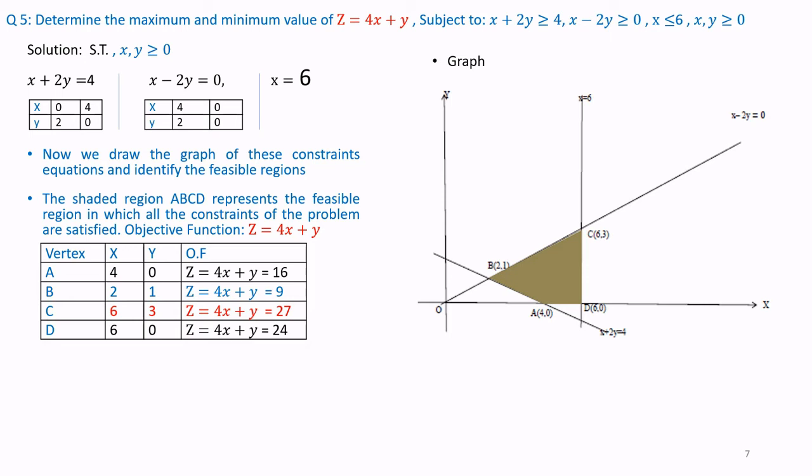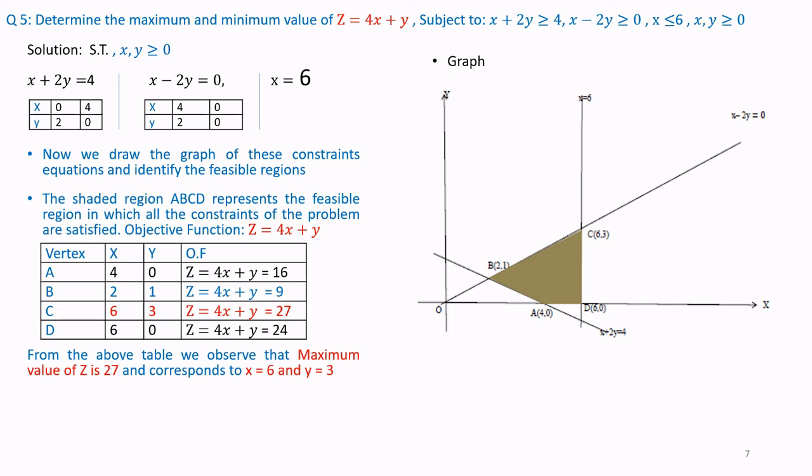If you examine the values here on the right hand side, that is 16, 9, 27 and 24, the maximum value is 27. We are required to find the maximum as well as the minimum value of z. So maximum is 27 and minimum is 9.